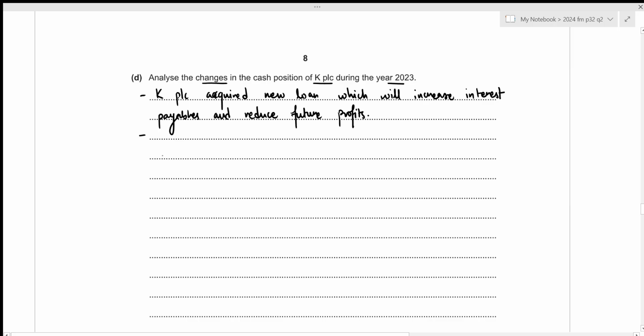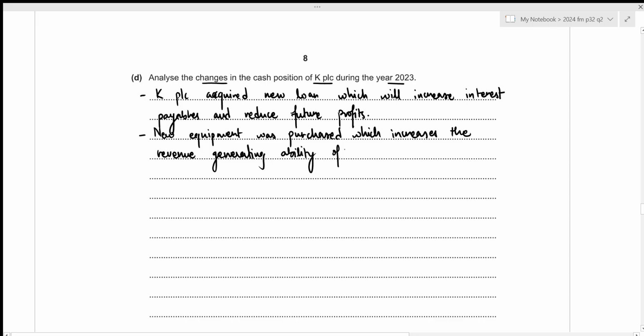Then we also know that new equipment was purchased. So we can see that that new equipment can increase the revenue generating ability of the company, which might result in increased future cash inflows. Let's write it down. New equipment was purchased, which increases the revenue generating ability of the company.